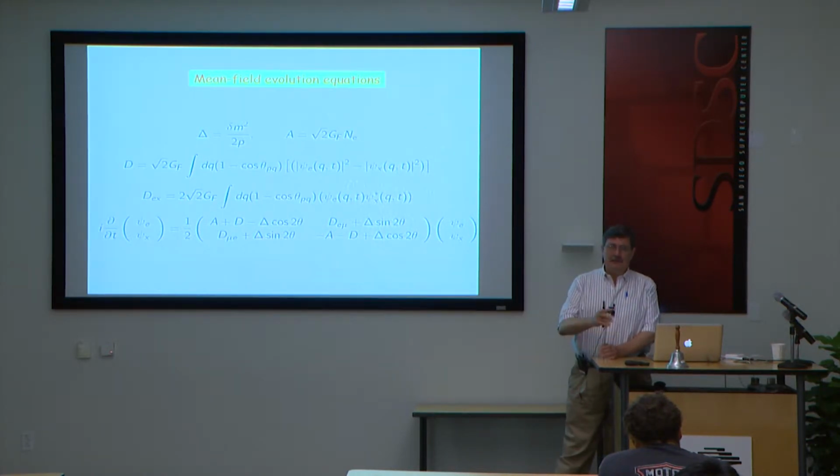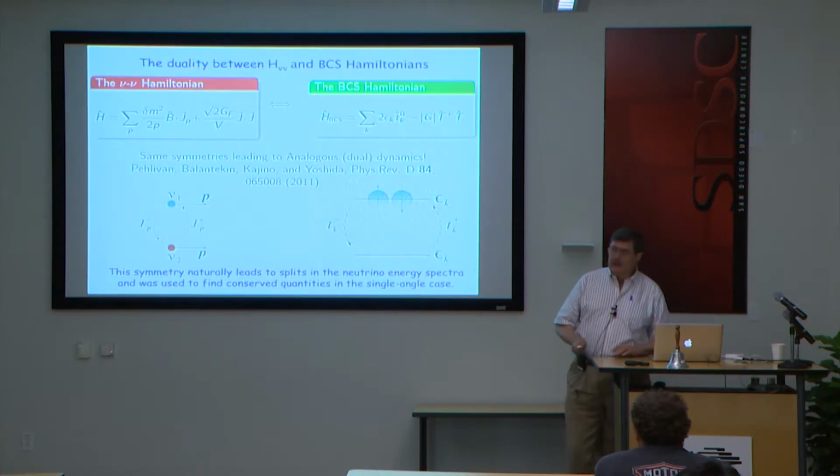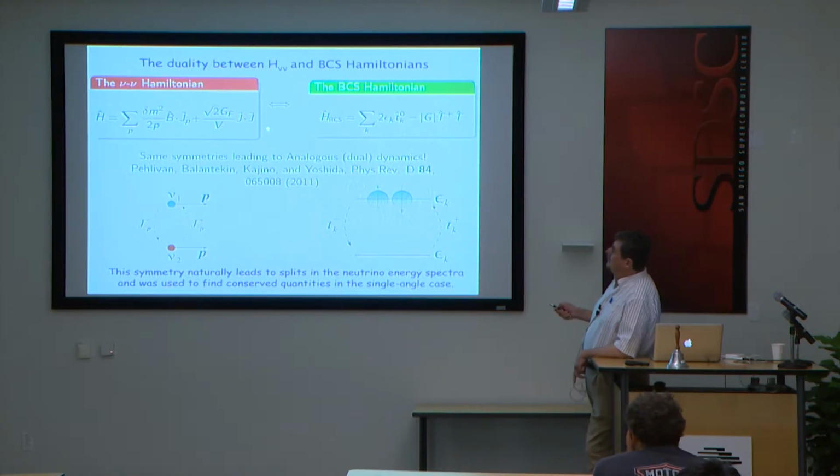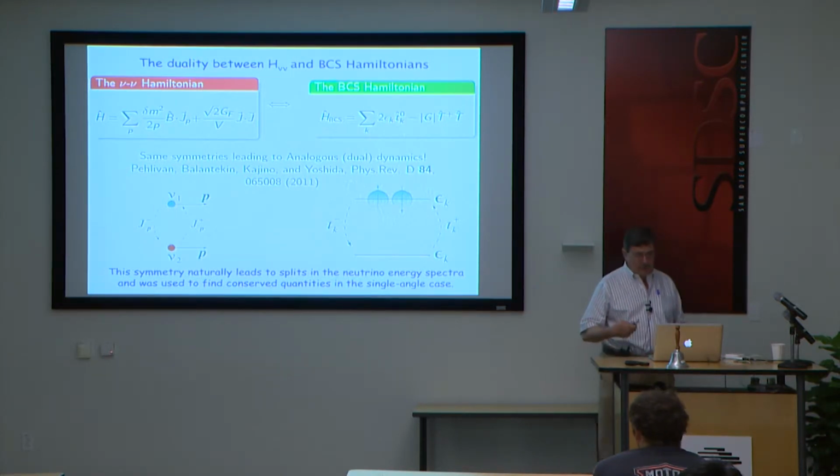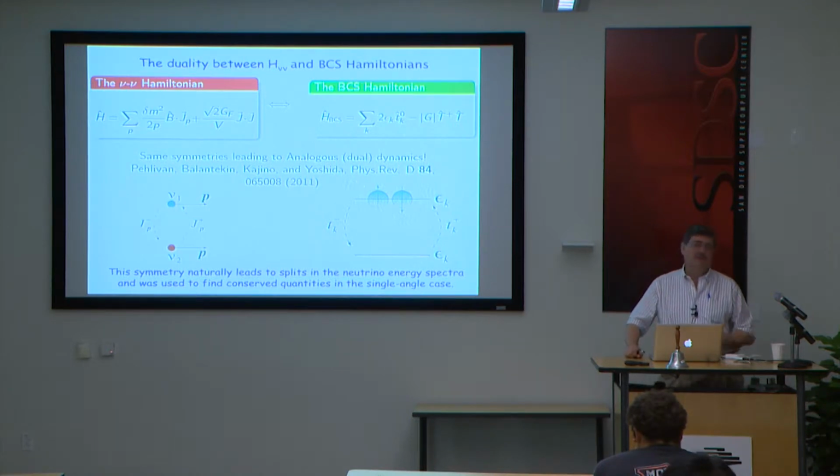Now, this is again perhaps a bit too formal, but I want to point out one thing here, and that is that this Hamiltonian is actually analogous to the Hamiltonian of the BCS theory of superconductivity when the angle is averaged over. So these two Hamiltonians have the same symmetries leading to the same dynamics, in some sense, because the problems are different physically.